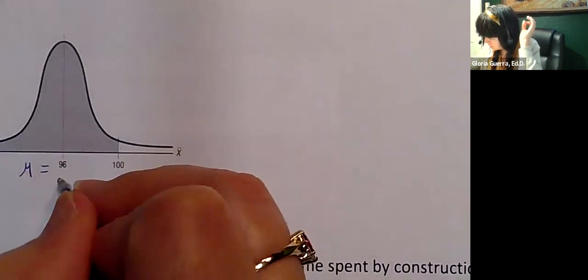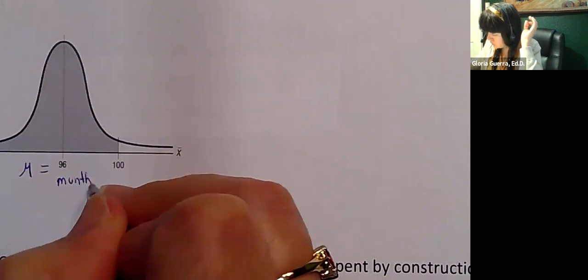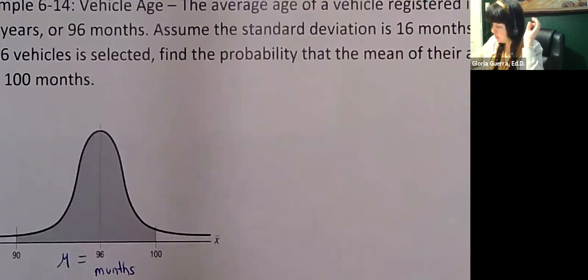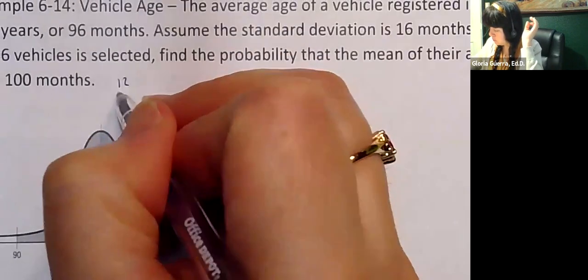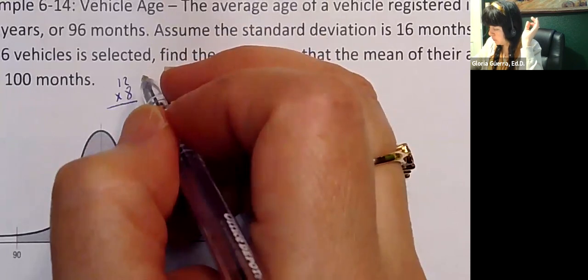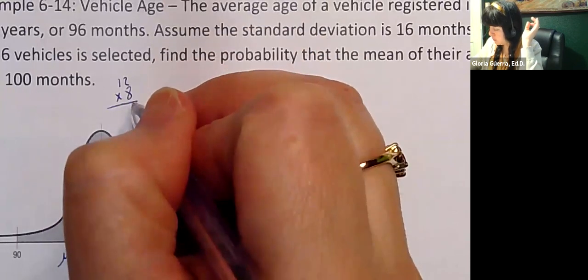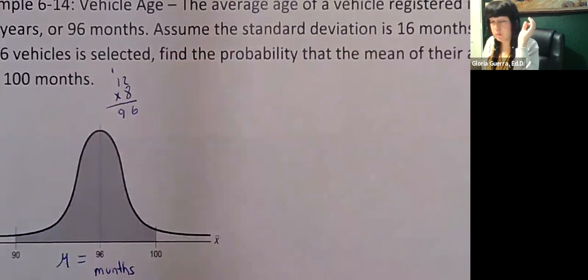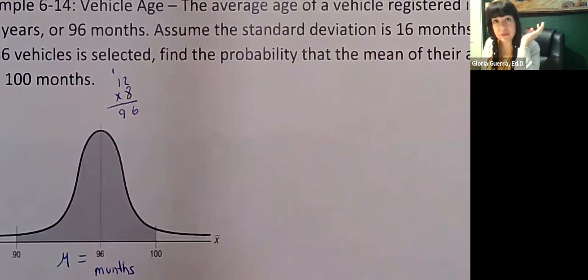The reason is that's in months: 12 times 8, because there are 12 months in a year and there are 8 years, so 12 times 8 is 96. That's where they're getting 96 from. And the reason they're putting it in months is because everything has to be in the same units.